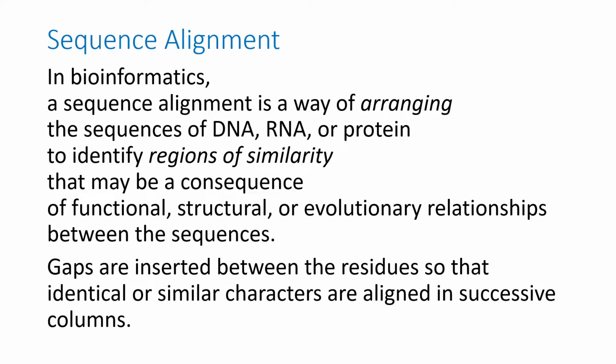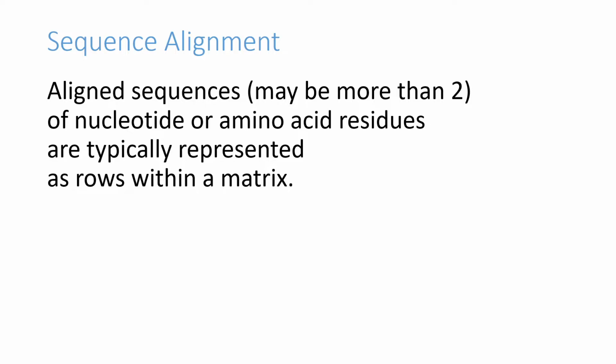The purpose of sequence alignment is to identify the regions of similarity. Gaps are inserted between the residues so that identical or similar characters are aligned in successive columns. Aligned sequences are arranged in a matrix.